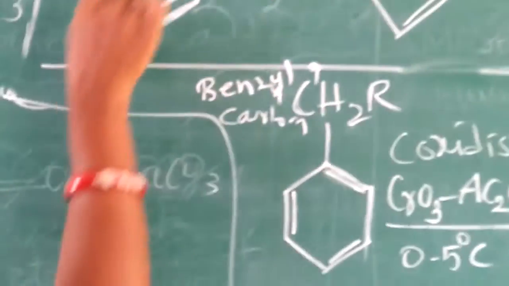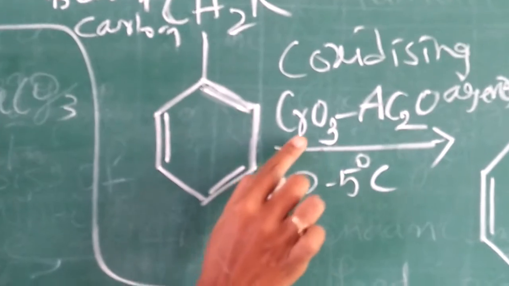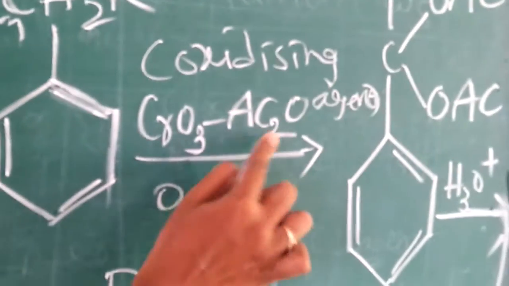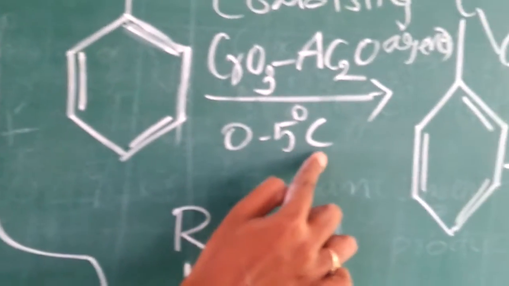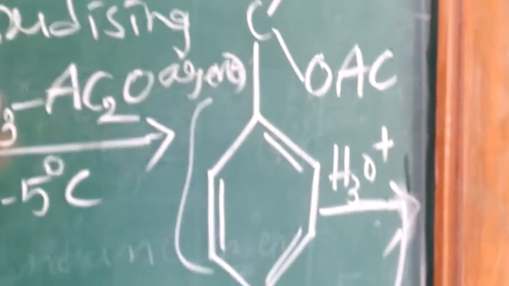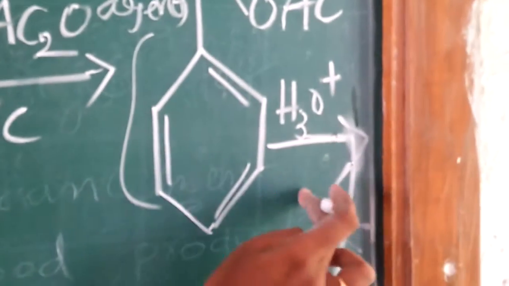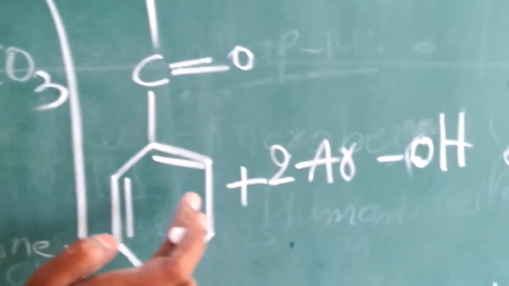See the reaction, oxidation of arenes. The benzylic carbon is oxidized in the presence of chromium trioxide and acetic anhydride at 0 to 5 degrees. We get an intermediate compound where two benzylic hydrogens are replaced by acetate groups, and it undergoes hydrolysis to produce carbonyl compounds.